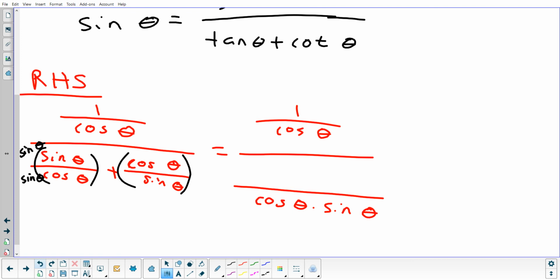Sine times sine. And what does the fraction on the right get multiplied by? So think about what you have to multiply the bottom by, and then you have to do the top by the same thing. Yeah? Cosine of theta.